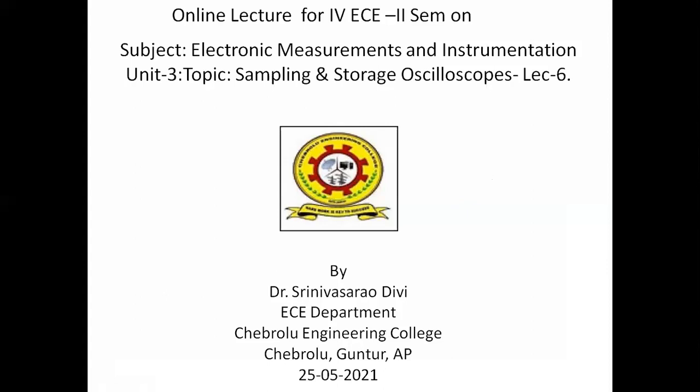having one horizontal deflection system. Whereas coming to the dual trace oscilloscope, it traces two signals, signal 1 and signal 2, or signal A and signal B. The dual trace oscilloscope traces the two input signals by using a chopping electronic switch.